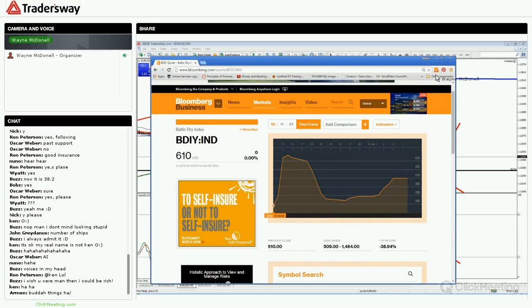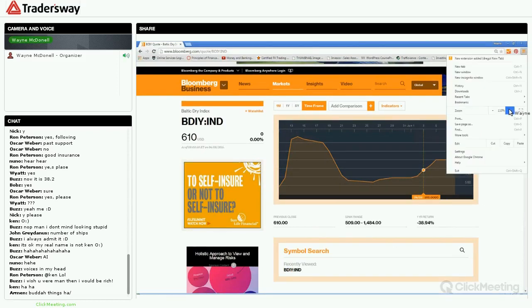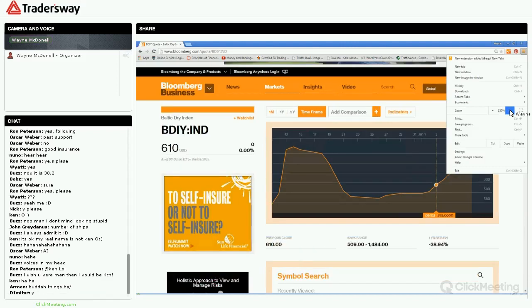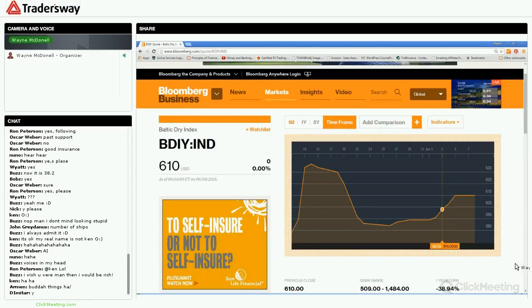All right, can you even see that? Maybe if I zoom in manually here. All right, I think that's legible, right?